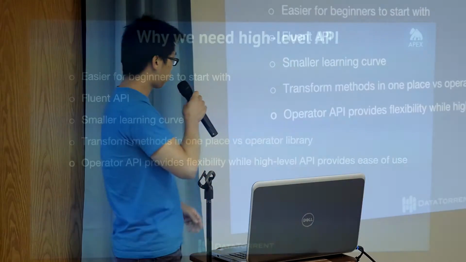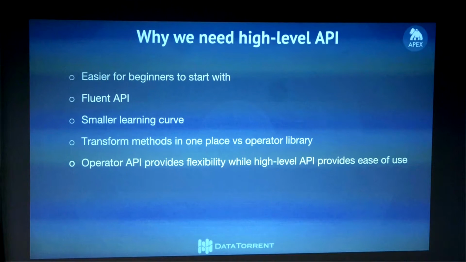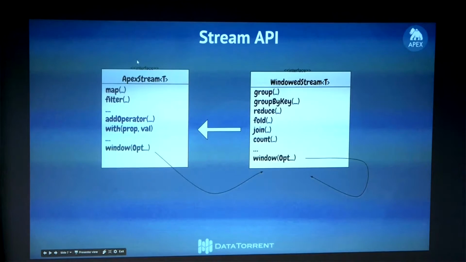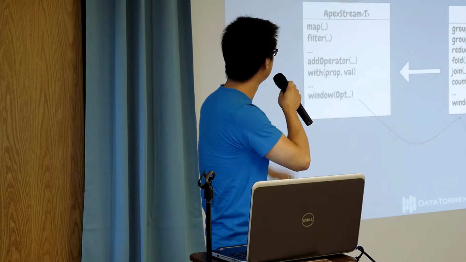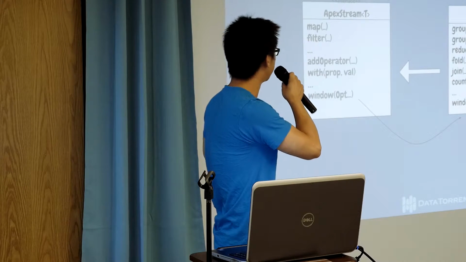So if you compare the high-level API with the existing operator API, the operator API gives you the flexibility and full power of the engine, while the high-level API gives you ease of use.